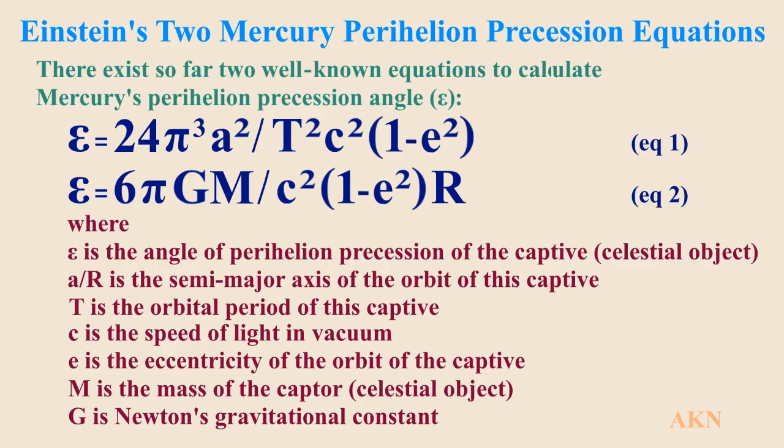So far, there exist two well-known equations to calculate Mercury's perihelion precession angle, presented here. The first equation is based on the orbital period T of the captive celestial object, while the second equation is based on the gravitational energy potential of the captor celestial object, Gm over c squared.